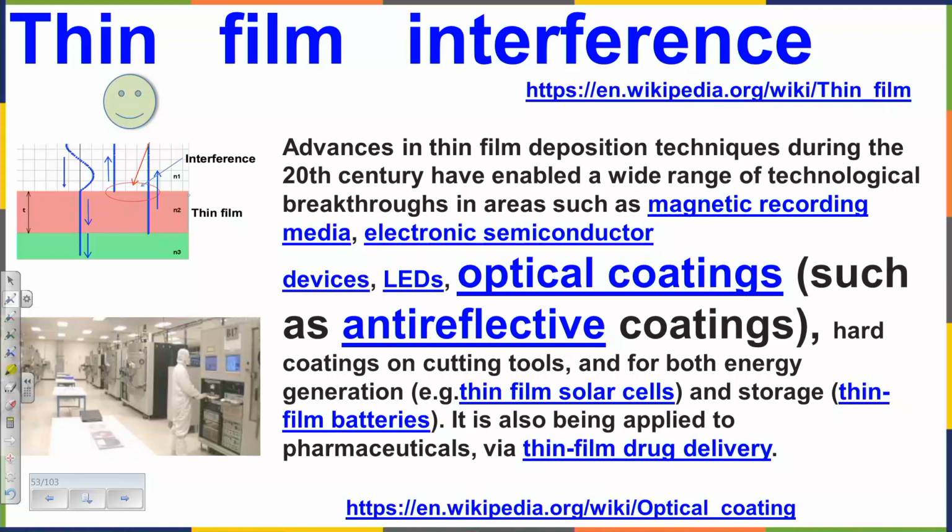Coating, for example. If you're really into making good photographs, your camera has very specially coated lenses. Those lenses usually have a thin film which cuts out the red light. Well, because of the interference happening inside the film.